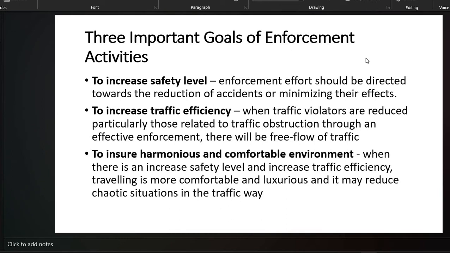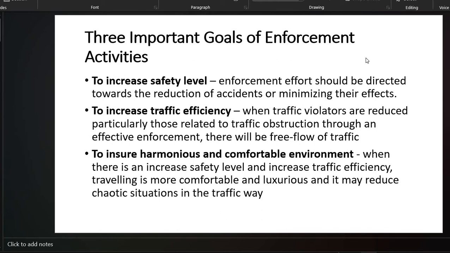Kaya nga yung mga signages regarding do not drive while under the influence of liquor, no texting while driving. So yung mga ganon, those are simple efforts and initiative of the government in relation to minimizing or reducing the incident in relation to traffic. Number 2, to increase traffic efficiency.